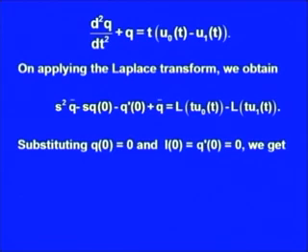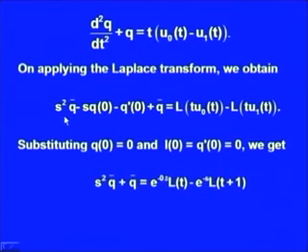Now, let us substitute q(0) equal to 0 and I(0), that is q'(0), equal to 0. We will have s² q̄ plus q̄ equal to, now, the Laplace transform of t u₀(t) is equal to e^(-0·s) times the Laplace transform of t, because we know that the Laplace transform of f(t) u_a(t) is e^(-as) times the Laplace transform of f(t+a).